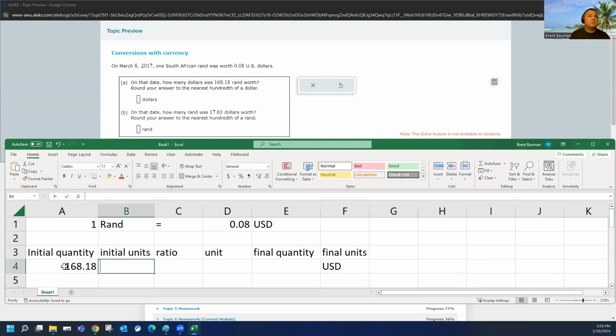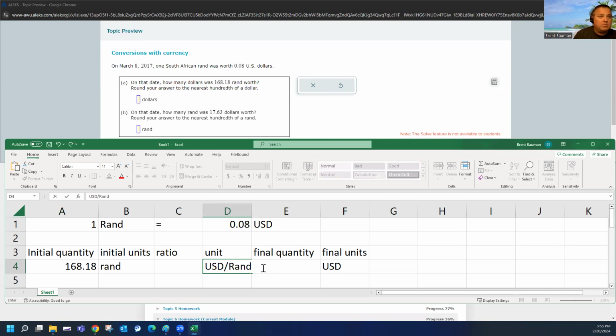The units on this were rand. We're trying to get the US dollars, so our conversion needs to have the US dollars in the numerator and the rand in the denominator, because you want those to cancel and you want the US dollars to end up as your final answer.